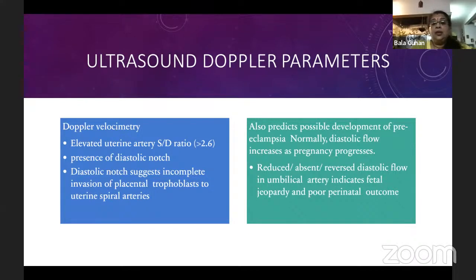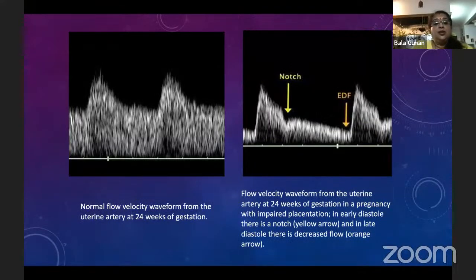Normally, diastolic flow increases as pregnancy progresses. Reduced, absent, or reversed diastolic flow in an umbilical artery indicates fetal jeopardy and poor perinatal outcome. So here we can see the normal flow velocity waveform from the uterine artery at about 22 weeks of gestation. And in the second figure, we can see the notching.